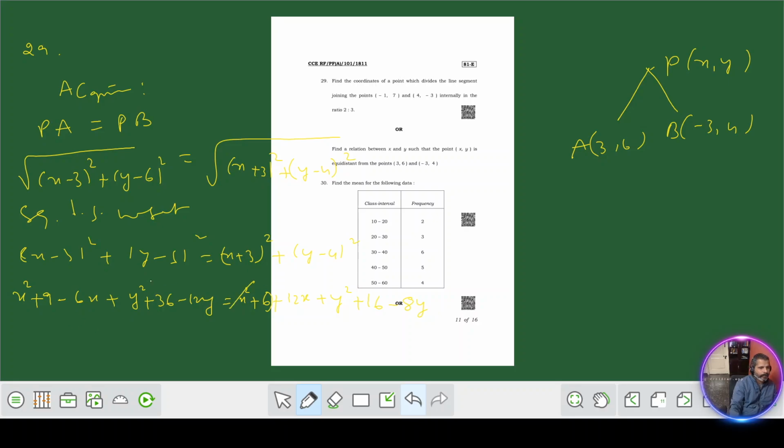Just observe it. x square cancels, y square cancels. Okay. On simplification, 9 and 36. So what we get? Everything you take to one side, that is minus 6x minus 6x.